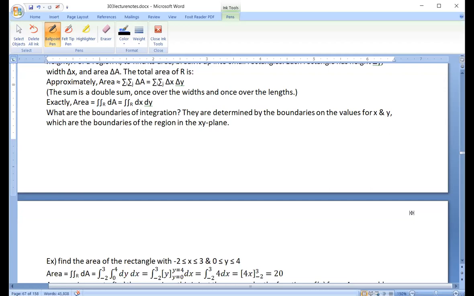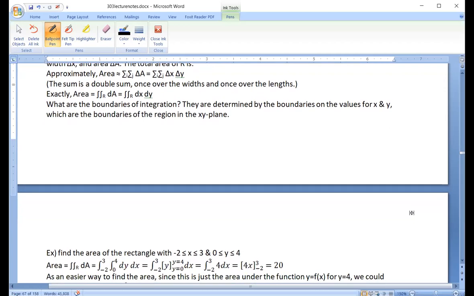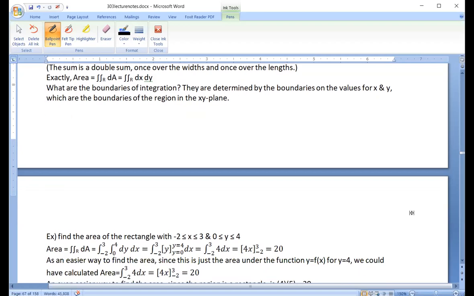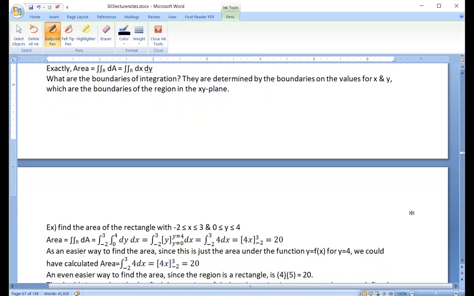Now, of course, another way to do this would be to say, if y goes from 0 to 4, we're just talking about the area under the function y equals 4. So we could have just said the area is the integral from -2 to 3 of the function 4 dx. But all this was incredibly silly because it's just a rectangle.